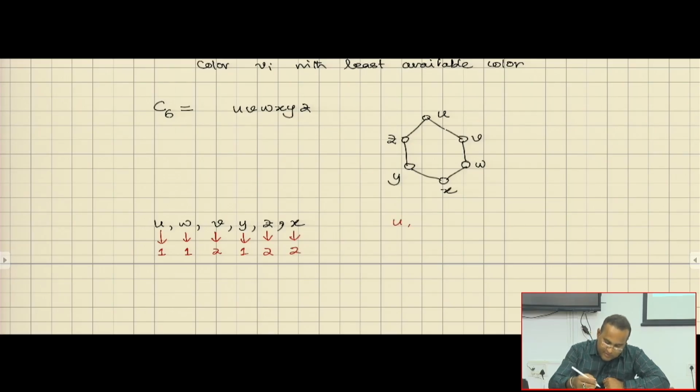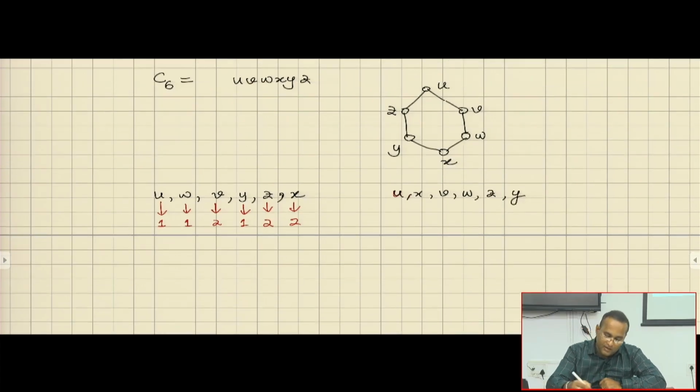Now let me take another order: U, X, V, W, Z, Y, right? So U gets color 1. X also we can give color 1. V is adjacent to U, so we need to give it color 2.